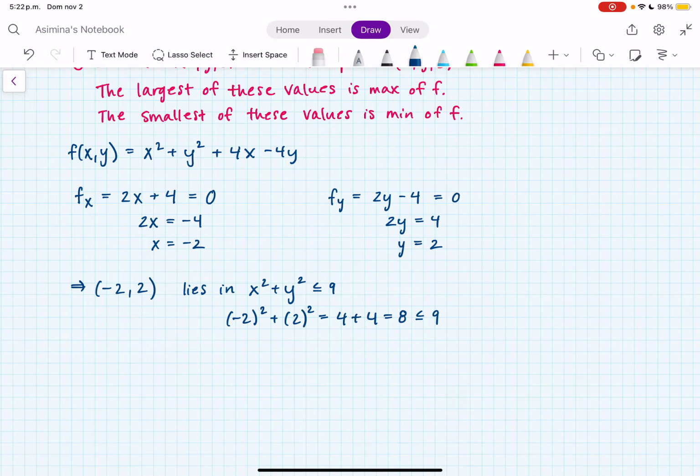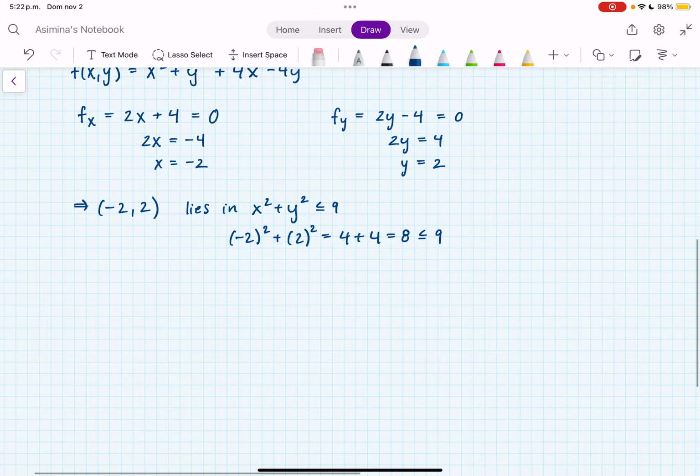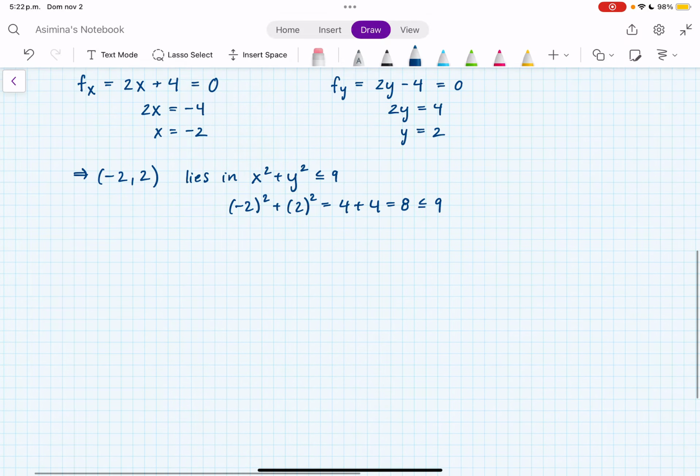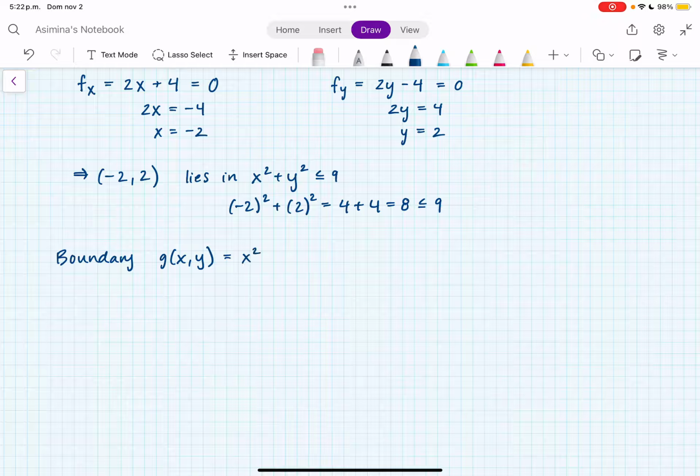Great. Now we're not done yet. We want to see what points we can find on the boundary, the boundary being this g of x, y. Let's define that. We have x squared plus y squared is less than or equal to 9, so g of x, y will be x squared plus y squared minus 9.